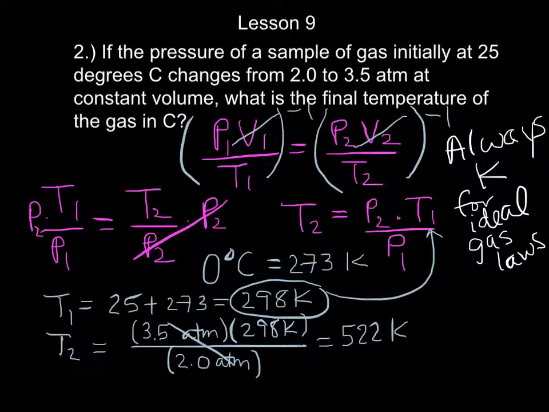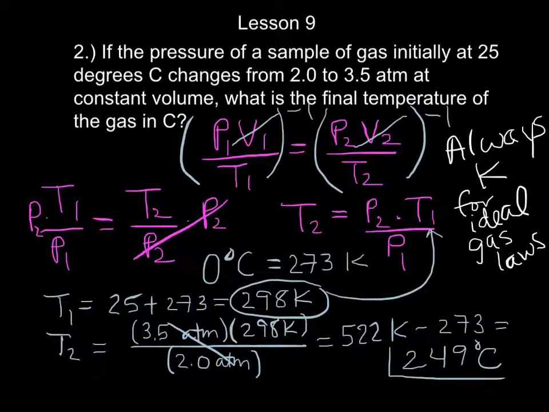But now the problem is asking for our temperature in Celsius. So we need to now subtract off 273 to get this back into Celsius. So we simply minus 273, and we get a final answer of 249 degrees Celsius. So that's your answer.